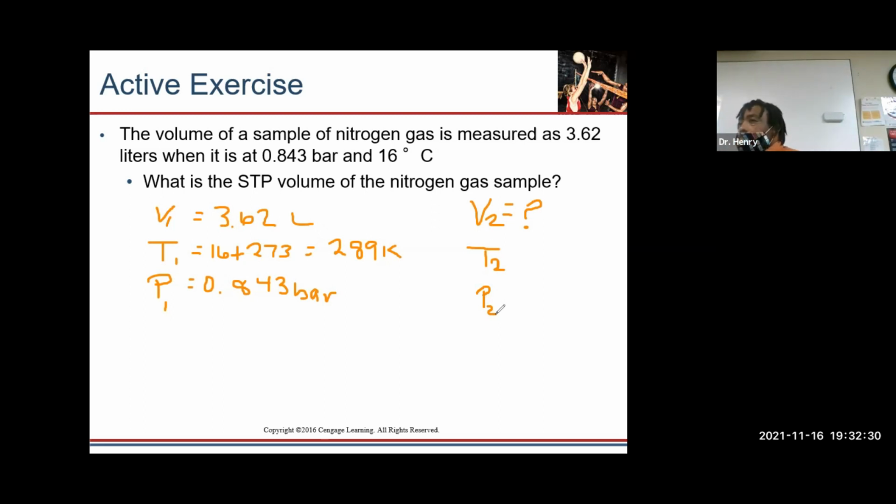Okay, so what is the standard temperature? 0 degrees Celsius, so that's plus 273. Okay, our pressure. Okay, so now what equation are we going to be using?